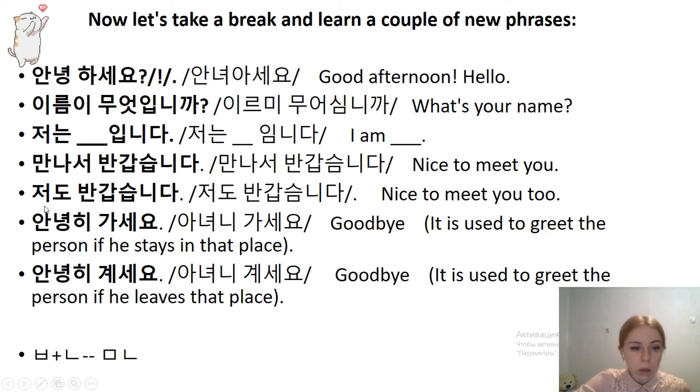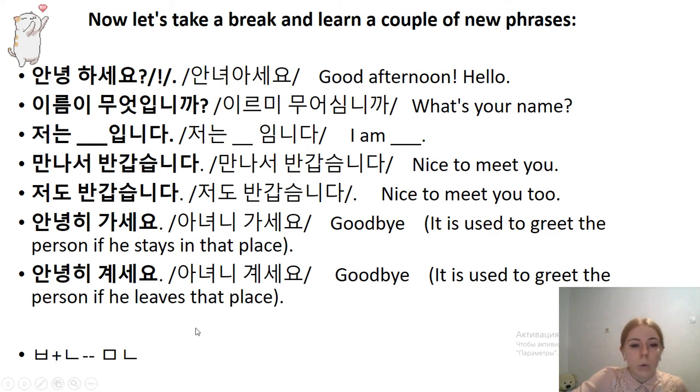And when you have to go somewhere and you have to say goodbye, in this case there are two variants, because there is a variant for people who stay and for people who leave.